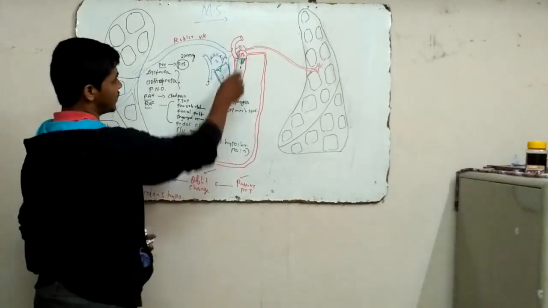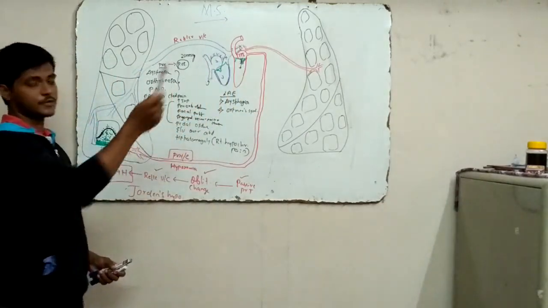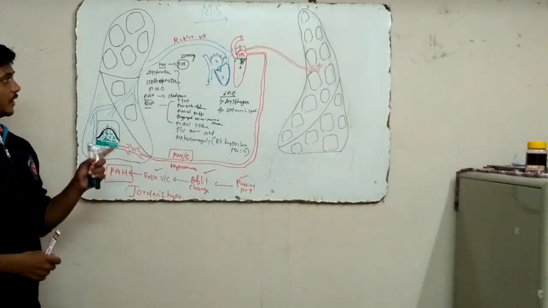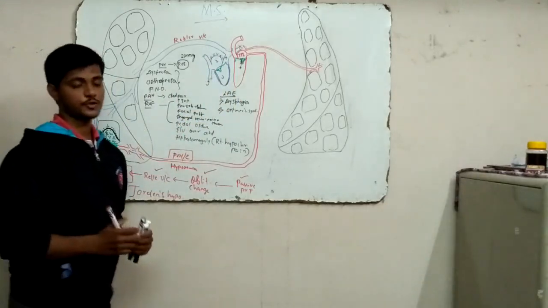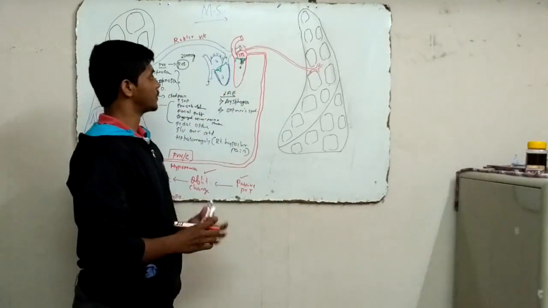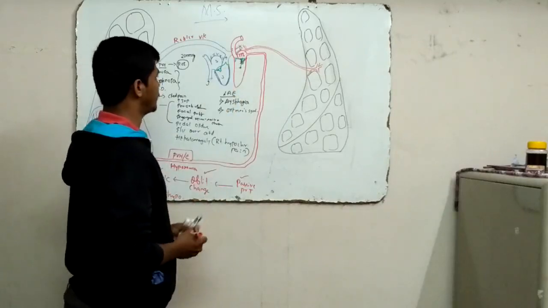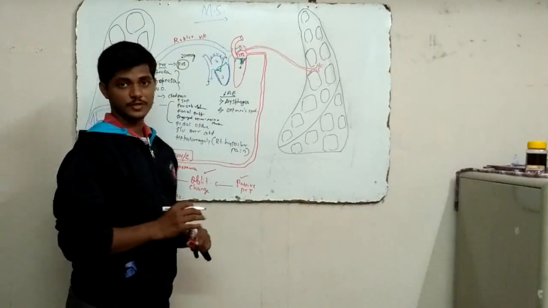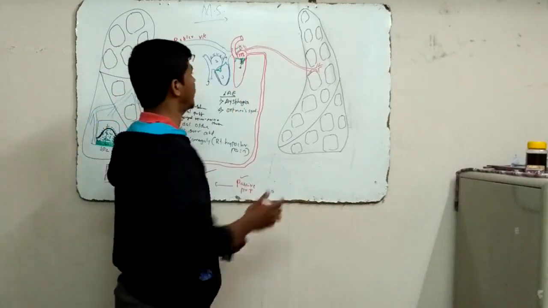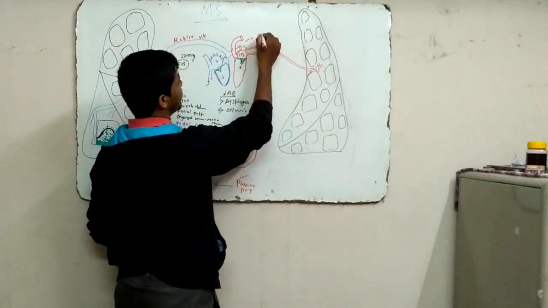And if this left atrial enlargement occurs, over a period of time there will be fibrosis, and this fibrosis will replace the musculature of the left atrium. Because of that, the muscle of the left atrium is destroyed and disrupted, and that will lead to atrial fibrillation.